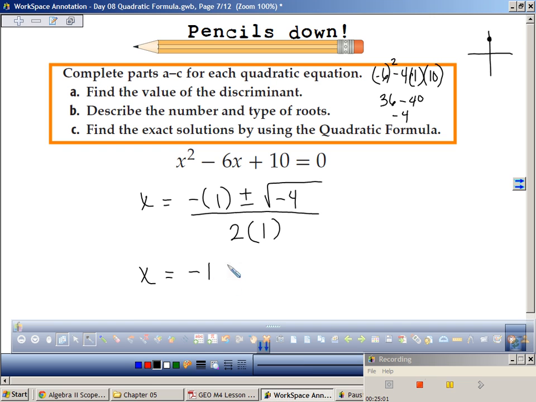So my two roots are negative, now help me out here. You guys can all do this part right here. Oh, thank you. Why am I making all these mistakes? Thank you. Positive 6. 6 plus, what's this? 2i over 2, and x equals 6 minus 2i over 2.